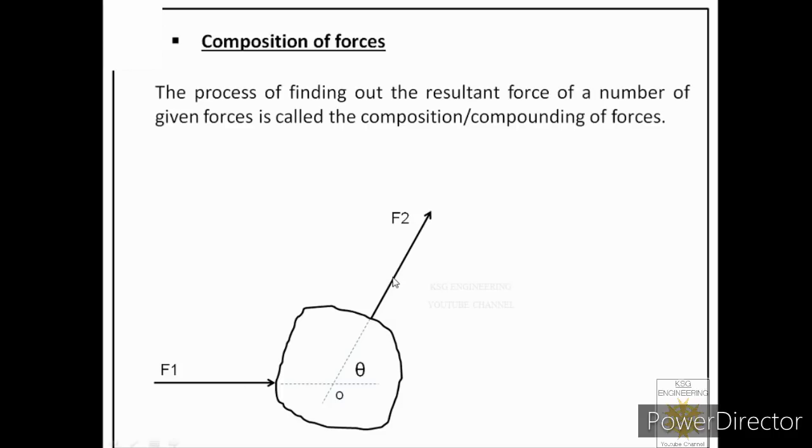If we can reduce this system into a single force which has the same effect as that of these two forces, then we'll call that composition of forces. Now you can see we have replaced those two forces by a single force which has the same effect on the body as that of the other two forces. So this process will be called composition of forces.